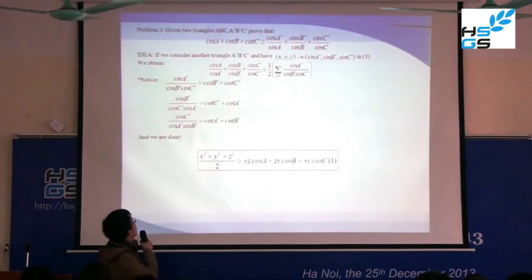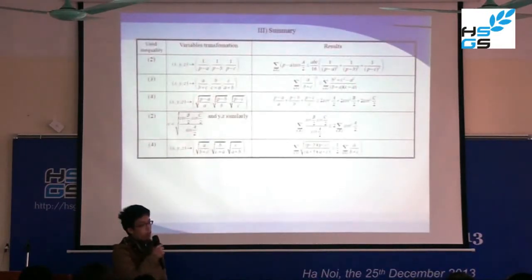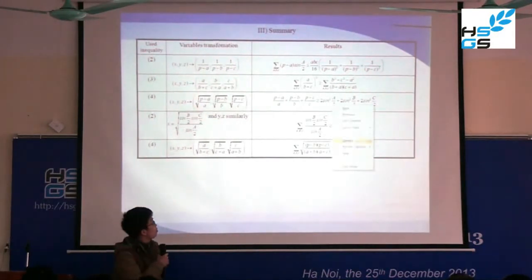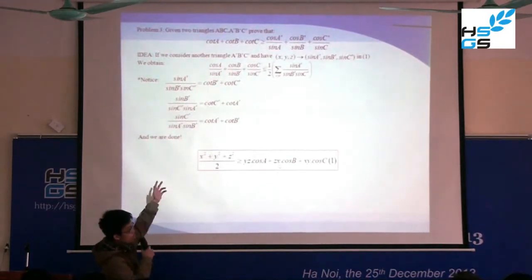And the idea is, if we consider the triangle A prime, B prime, C prime, and we make a transformation of x, y, z by CA prime, CB prime, CC prime in the red box inequality, but we must notice that CA prime over CB prime CC prime is equal to cos B prime plus cos C prime, and similarly we have two other equalities.